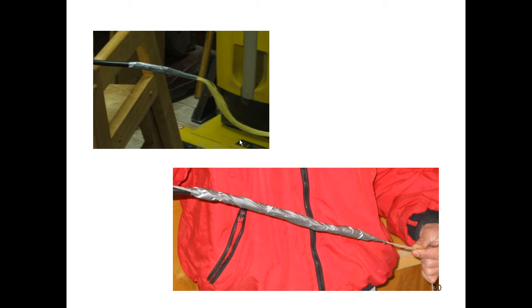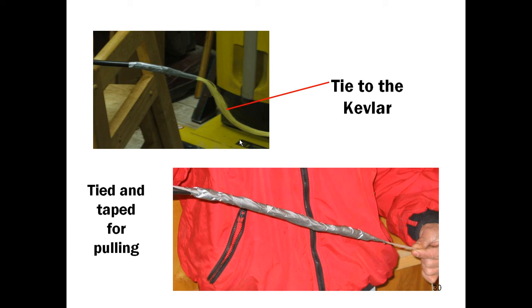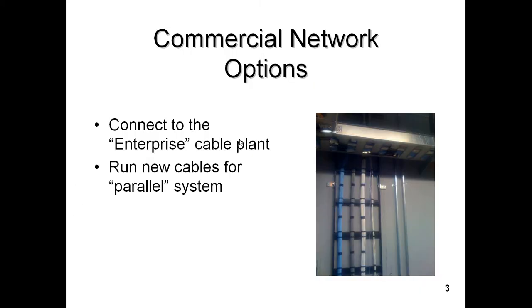If there's going to be any damage done to the fibers during the pulling process, it's typically going to be in that first 10 or 15 feet of cable. I'm going to take my cable that I just pulled through 800 feet of conduit, and that first 10 feet, I'm just going to cut it off and throw it away. It's garbage. And now I've got fresh fiber, and that's what I'm going to terminate to. So you tie it to the Kevlar, and then you tape it up, and you're ready to pull it.